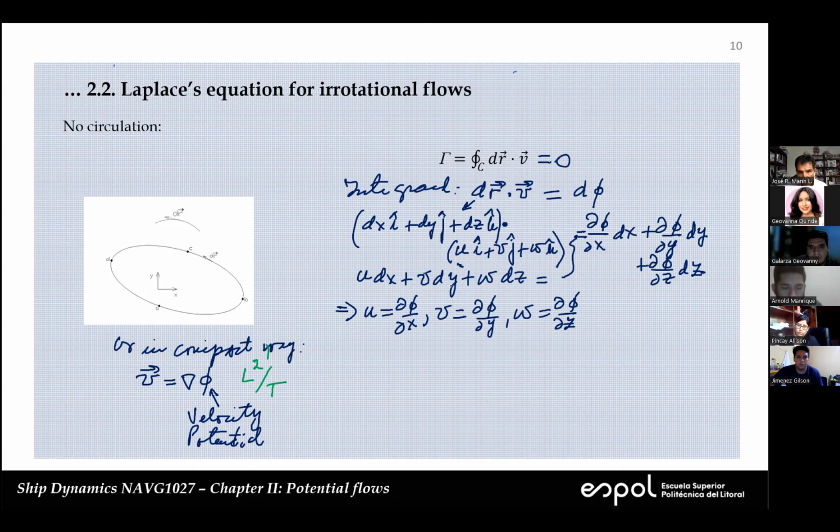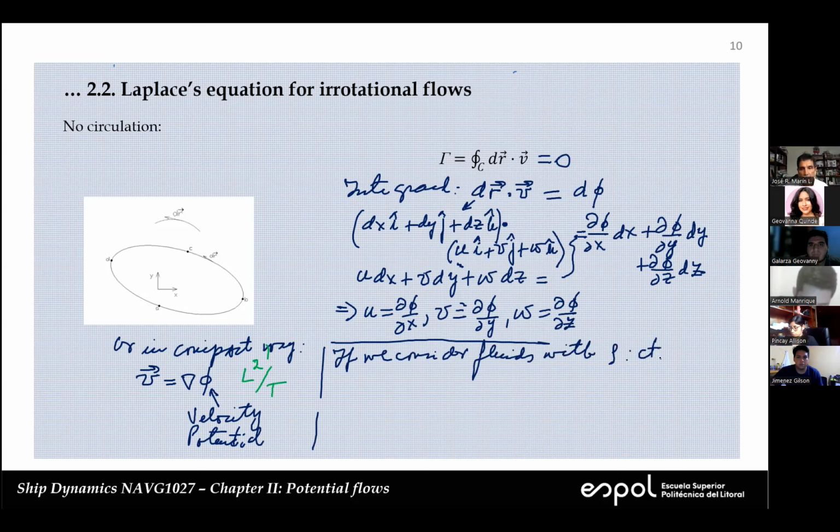If we consider fluids with rho a constant, in that case, we said that continuity says this: divergence of the velocity is equal to 0.